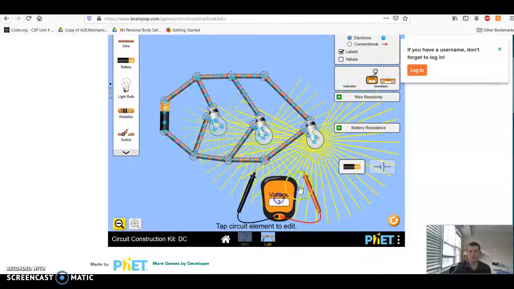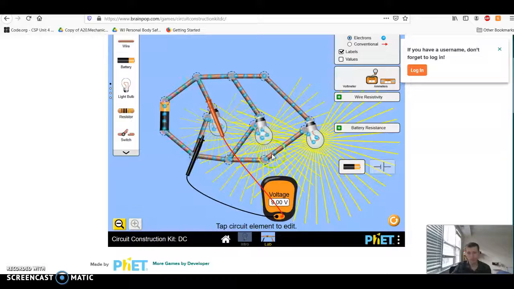Let's measure the voltage. If we measure the voltage across the source, we'll get 9 volts as usual. But if we measure it across this component, notice we also get 9 volts. What about this path? This path also has 9 volts, and so does this one. So what does that tell us?